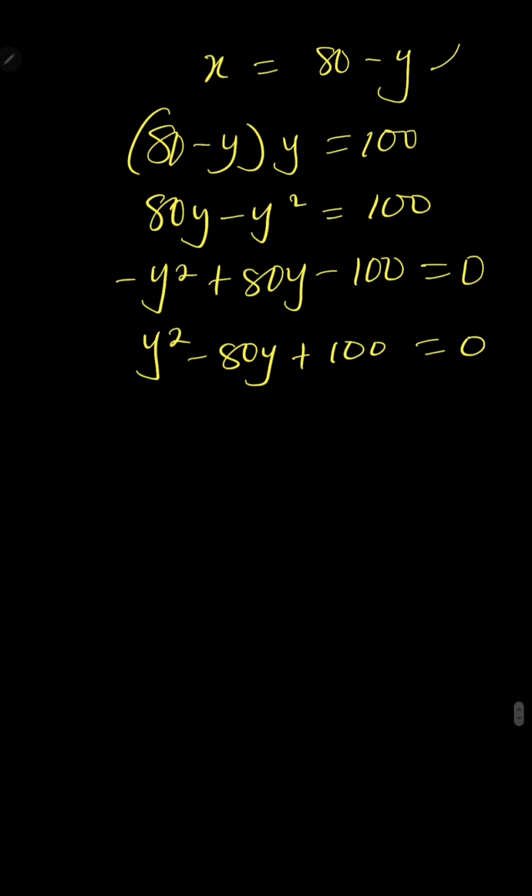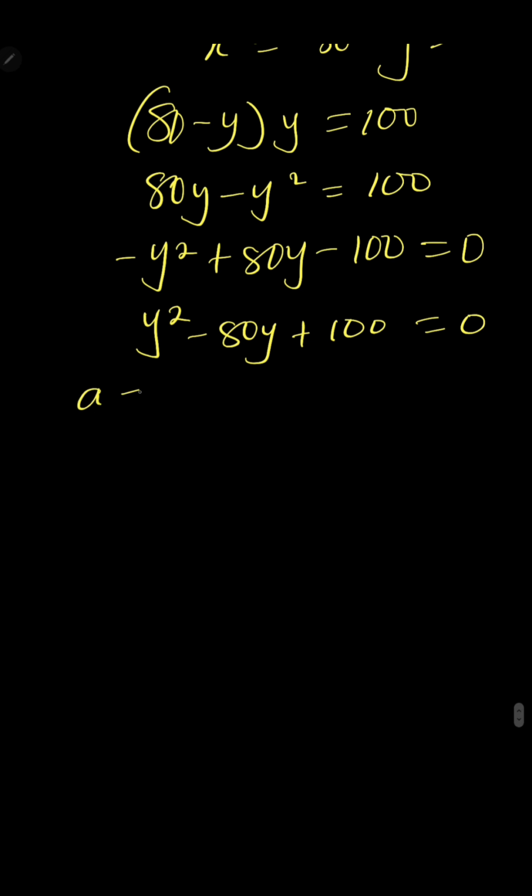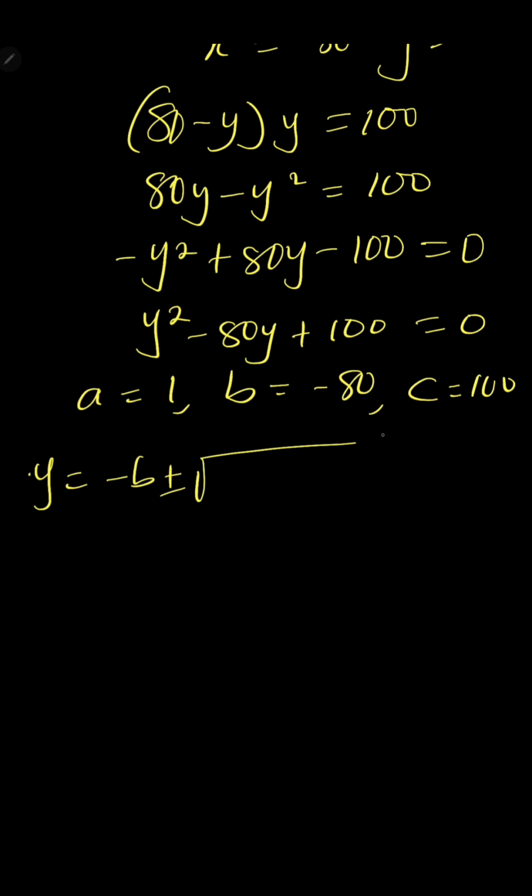Now let's use the quadratic formula. Our a is 1, b is minus 80, and c is 100. But y is minus b plus or minus square root of b squared minus 4ac, all over 2a.